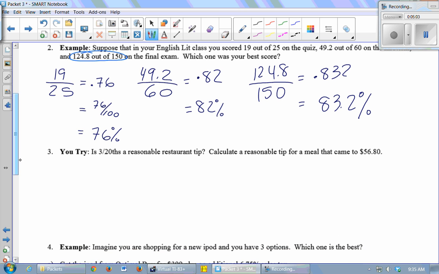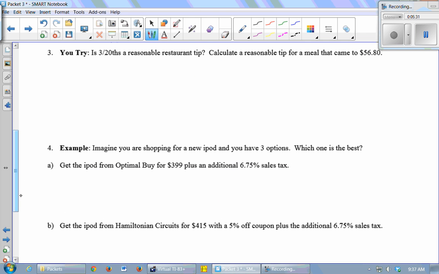All right, think about this. Is 3/20ths a reasonable restaurant tip? I know it's a weird way to say it, because the whole point of percentages is that they give us a common frame of reference. So I'm writing this in a weird way, 3/20ths. Change it to a percent and see if that's reasonable. 3/20ths is a very strange way to express how much to tip, because we generally talk about tipping in terms of a percentage.